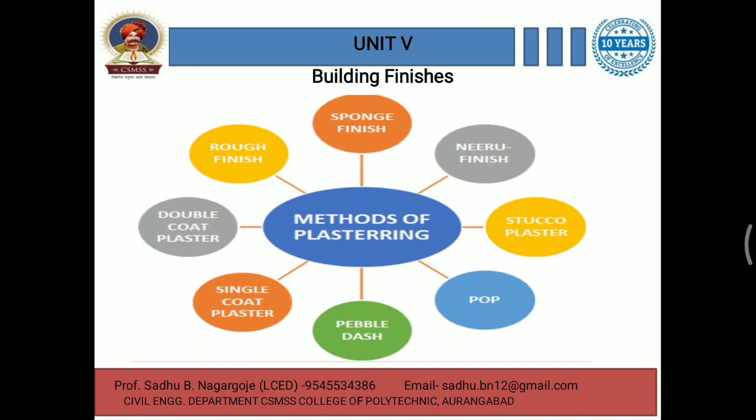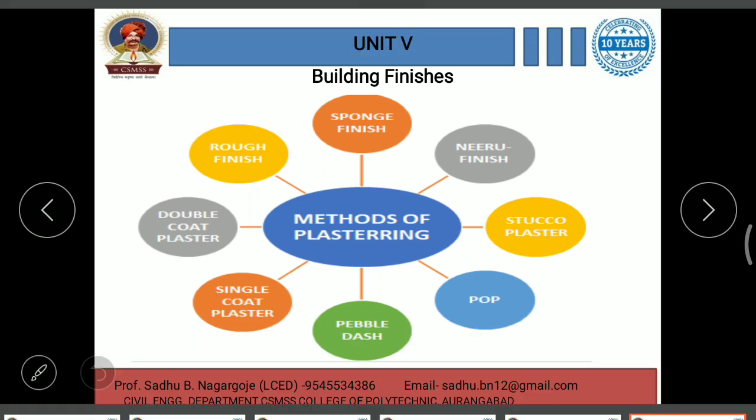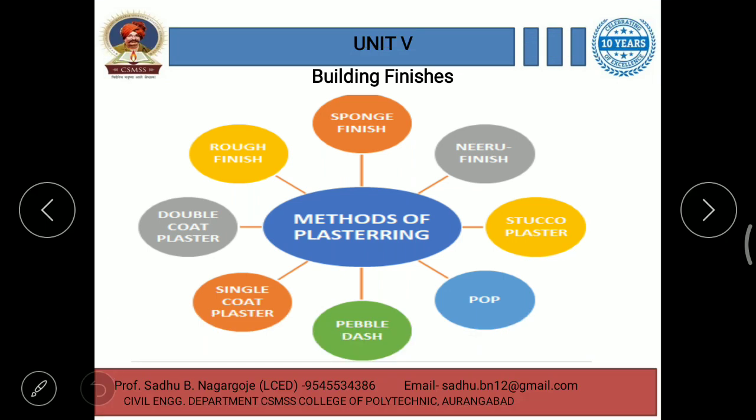These are some methods: sponge finish, narrow finish, stucco plaster, POP, pebble dash, single coat plaster, double coat plaster, and rough finish. So these are some methods of plastering.